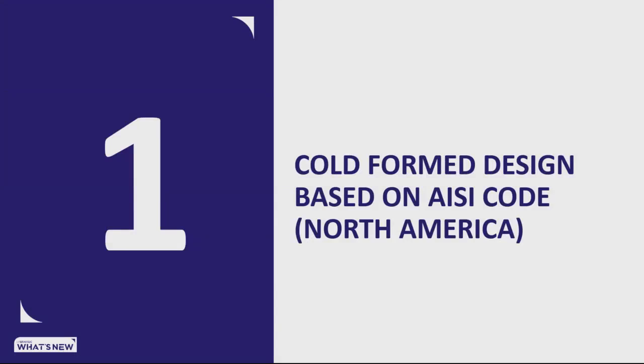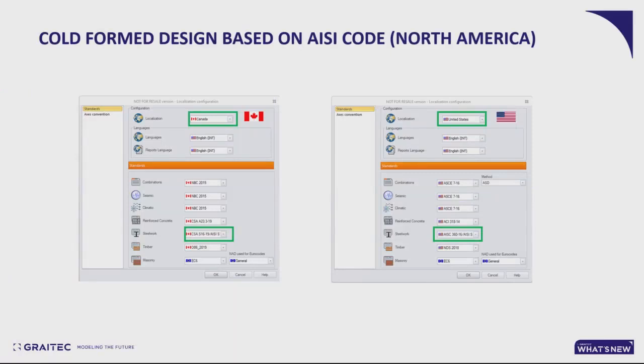Talking about the cold form design based on AISI code, as you see here, now in the new version of Advanced Design, both for Canadian and United States localization, we have the AISI code added for steelwork.